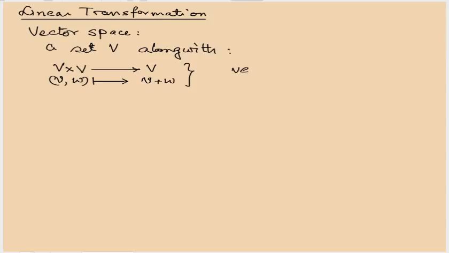So it's the vector addition. And the other one is the scalar multiplication, which takes a real number and a vector and returns its scalar multiple.